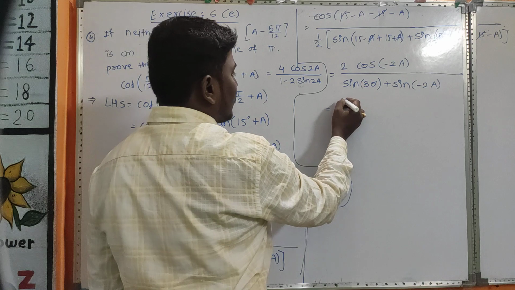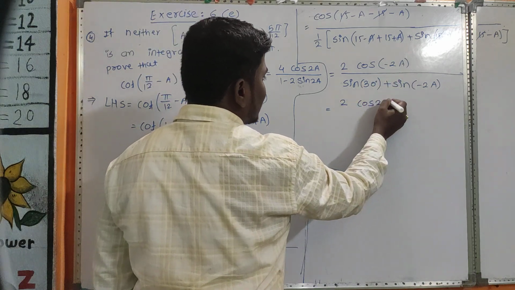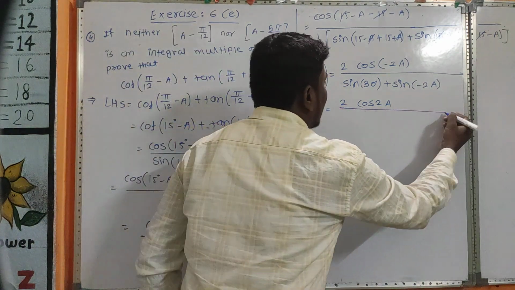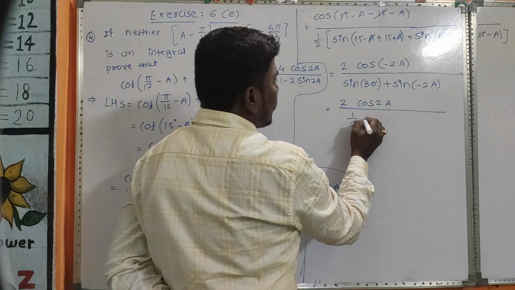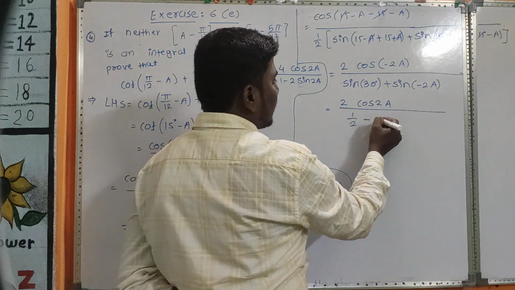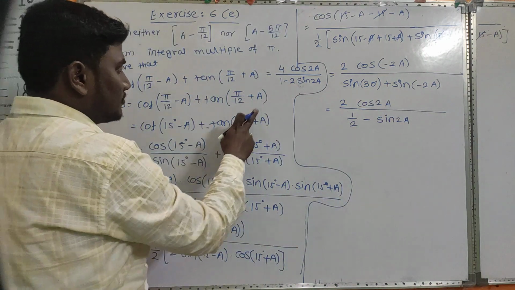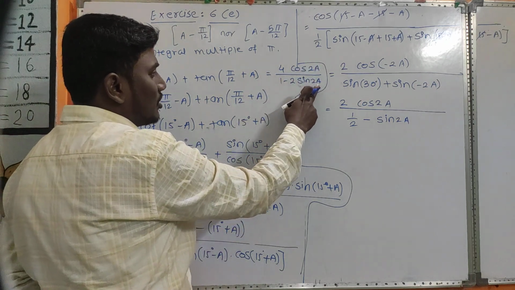Is it clear? This 2 stays as it is. Cos of minus theta is equal to cos theta, so cos of minus 2A can be written as cos 2A, divided by sin 30, which is 1 by 2. Sin of minus theta is minus sin theta, so minus sin 2A. What do you want in the answer? 4 cos 2A divided by 1 minus sin 2A.